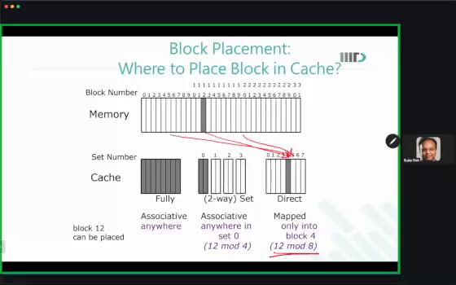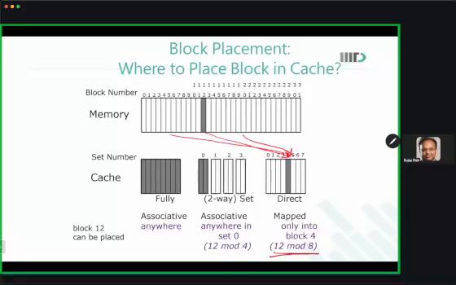In that case, if you have a direct map cache, what will happen? Whenever the processor requests block number 4, you will bring block number 4 and map it into slot number 4. And in the next moment, when you request block number 12, you evict block 4 and bring block 12. So the moment block number 12 is requested, what will happen?